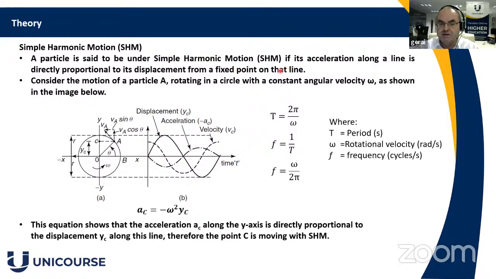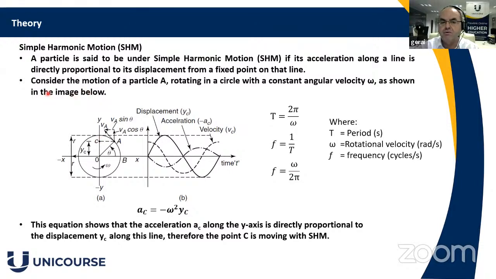So what that means, if we have a look at this image here, we have a point C. It says the displacement of that point is directly proportional to the acceleration. So the greater the displacement, the greater the acceleration is going to be. So that's the definition of simple harmonic motion.